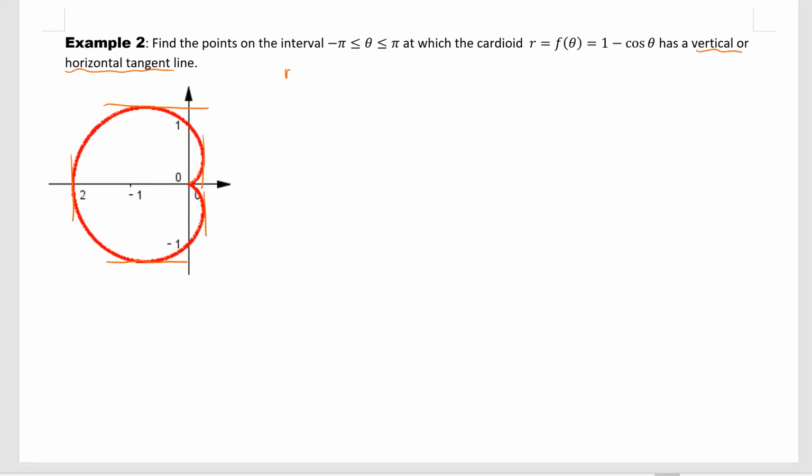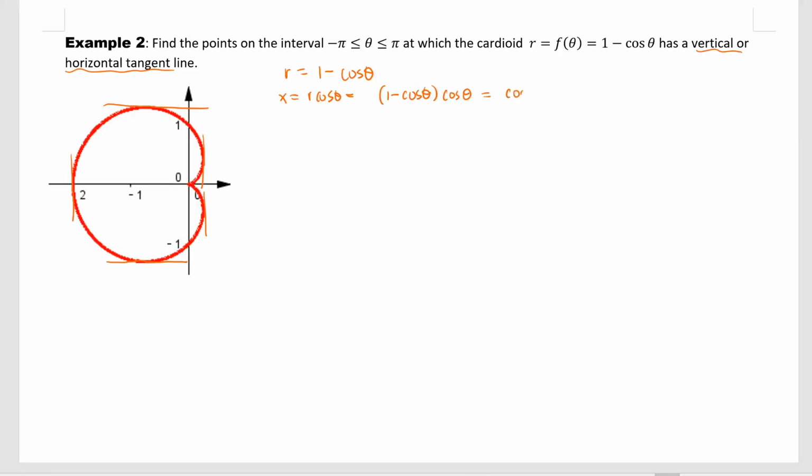So we have r equals 1 minus cosine theta, and x is r cosine theta, which is 1 minus cosine theta times cosine theta. So far, so good, everybody? If you want to simplify, you can distribute it.